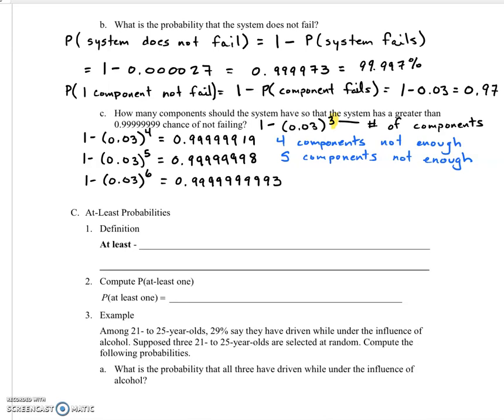So that's finally larger than what they wanted us to get to. So the system should have 6 components.